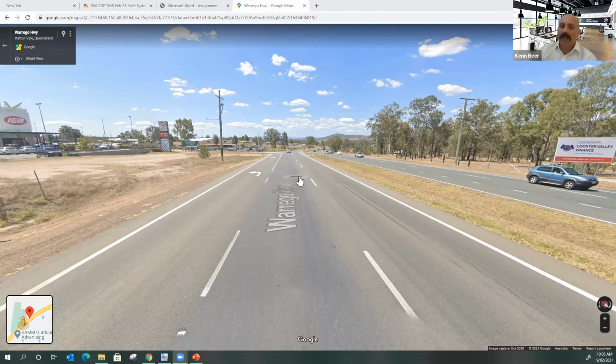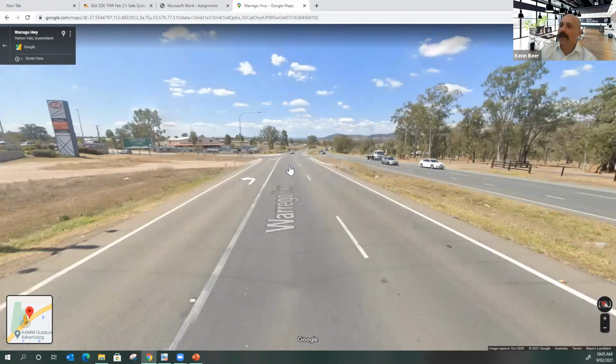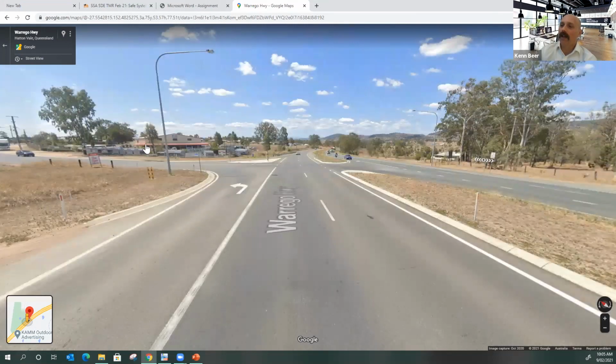Well, the exposure, in a safe system assessment sense, for passenger vehicle crashes, is the number of vehicles on this road, on the highway. I'll zoom up a bit. It's the number of vehicles on the side road.